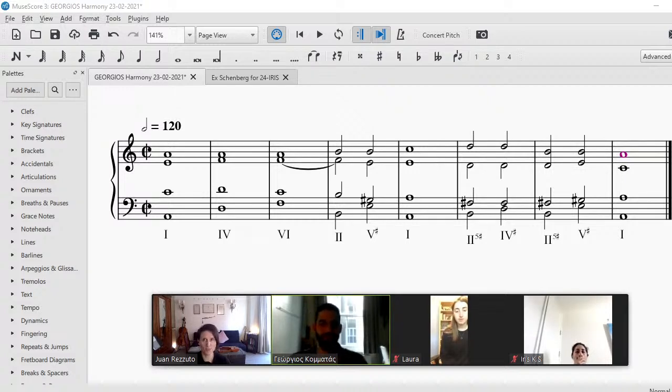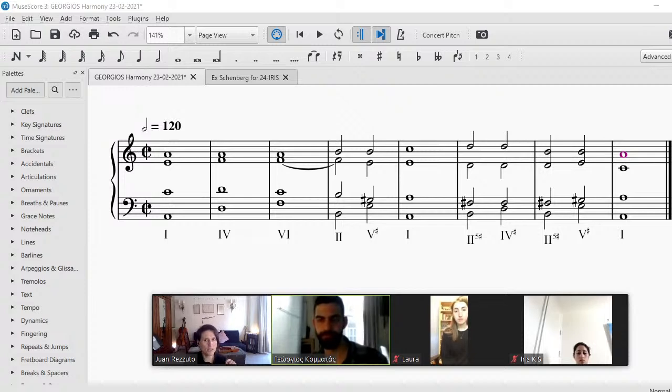Also, the second inversion is allowed for the sake of voice leading, but not yet. That's the issue. I'm not sure if I was allowed to do that. The omission of certain notes, again, to prevent mistakes. But is the fifth in major minor chords? Yes, the fifth in major minor chords.